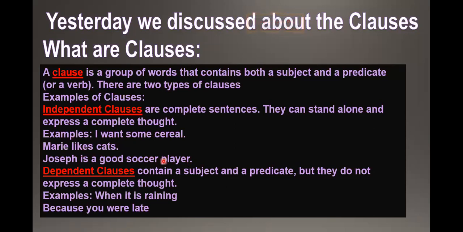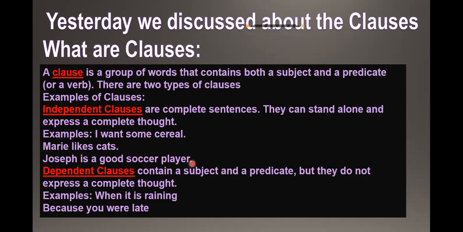In "Joseph is a good soccer player," Joseph is my subject and there is one helping verb, is. So these three sentences fulfil all the needs of a clause, that is, they have a subject and a predicate or a verb. That's why they are independent clauses.